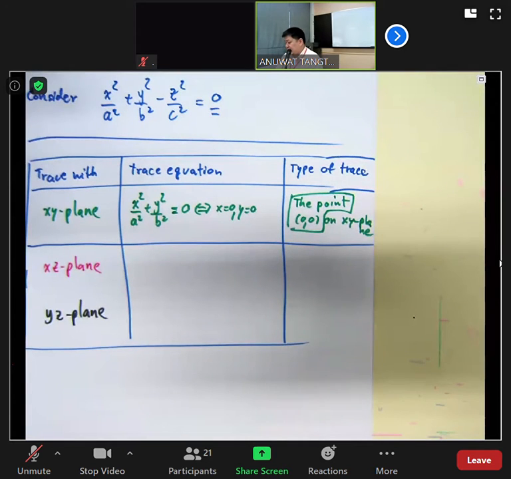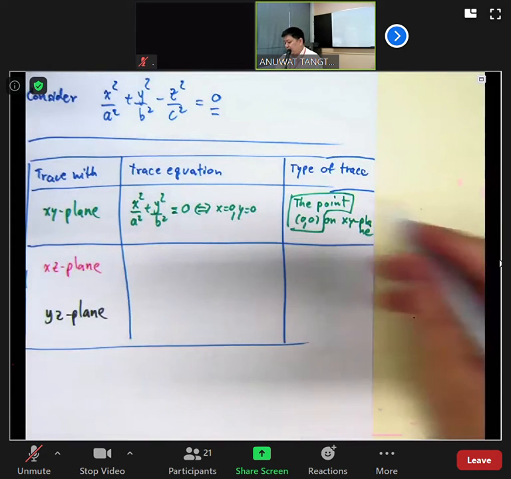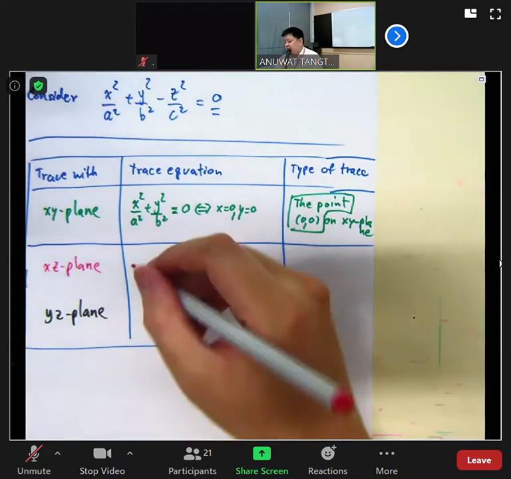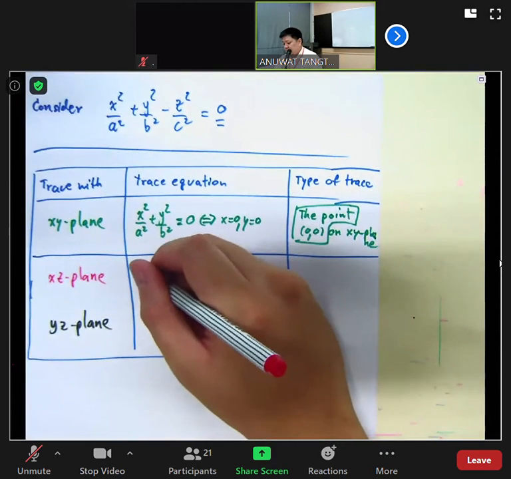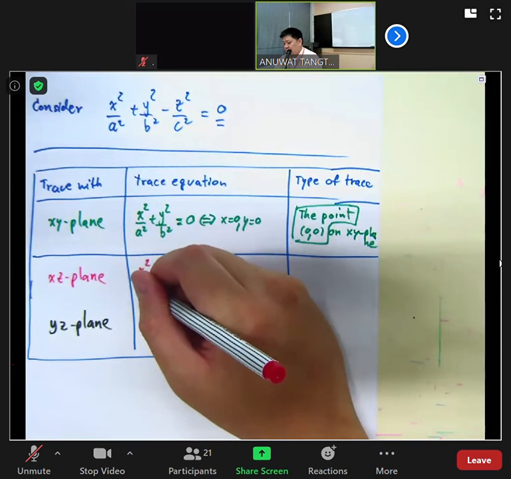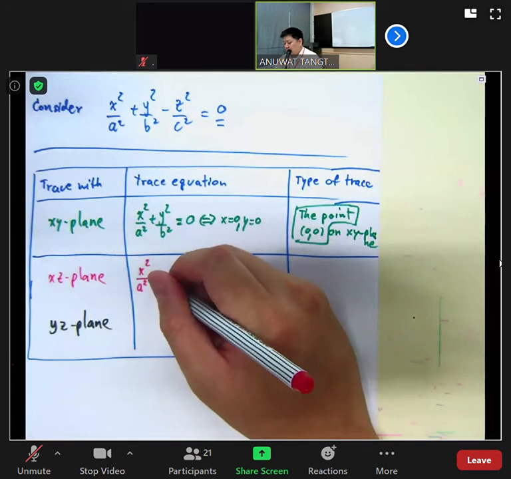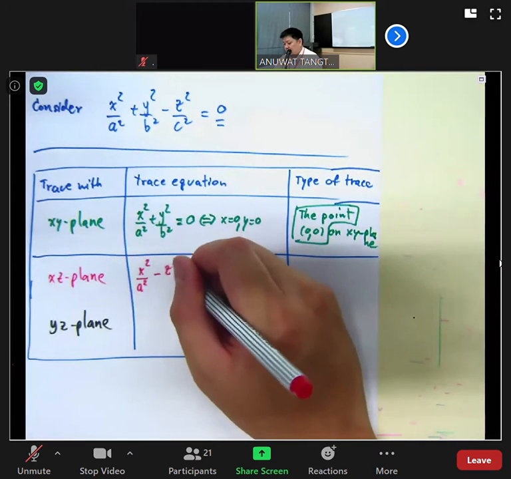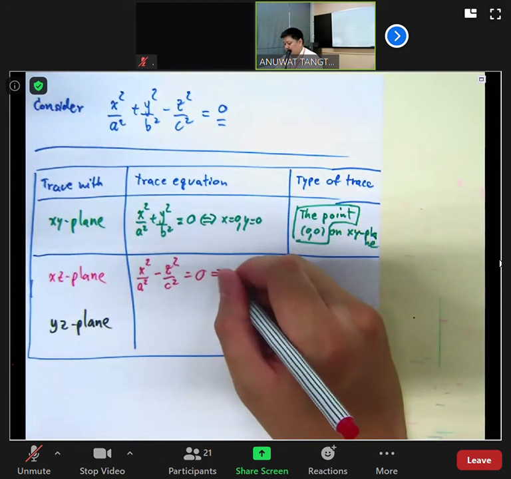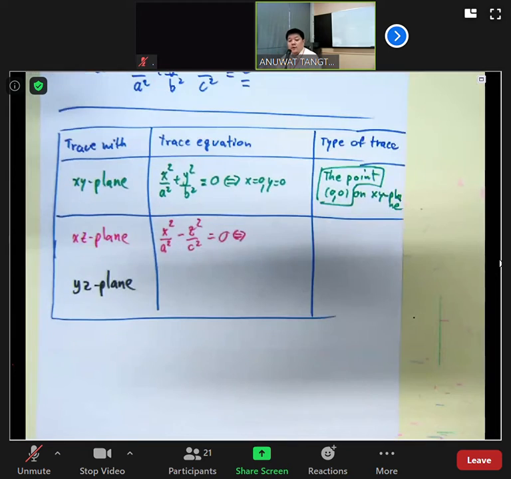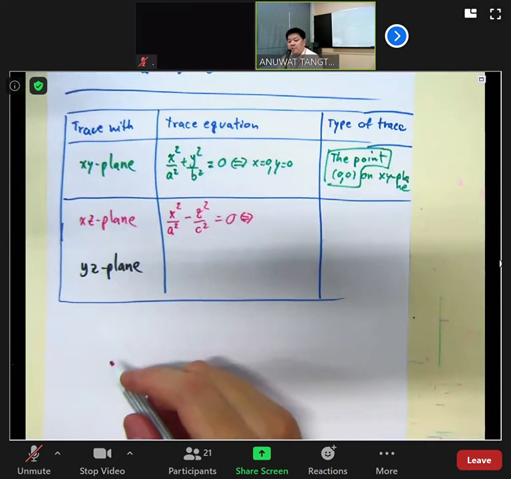Okay, now the next case on the xy plane. We let y be 0, so this equation would be x squared over a squared minus z squared over c squared equal to 0. Let me work out a little bit more here.